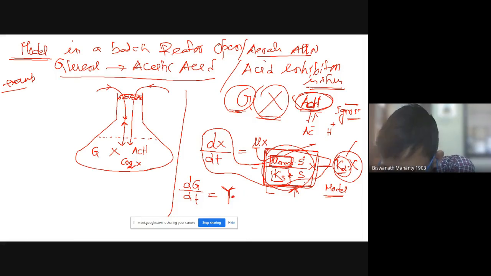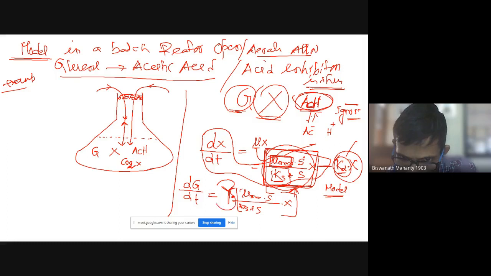Active growth means this part. So actually you should remember that it is mu max s over Ks plus s into x. So this is the consumption of glucose. This yield coefficient is the true yield coefficient, true because I am only talking about active, live biomass.